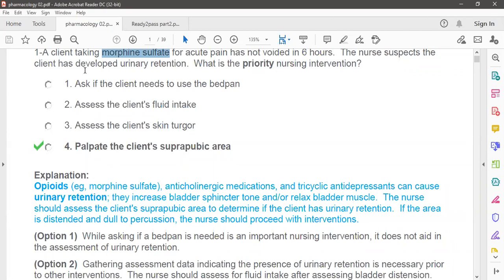This is a note every student should know: opioids, especially morphine, have two major side effects. One is respiratory depression, and the other is retention of urine.